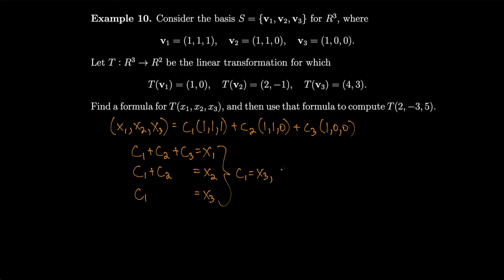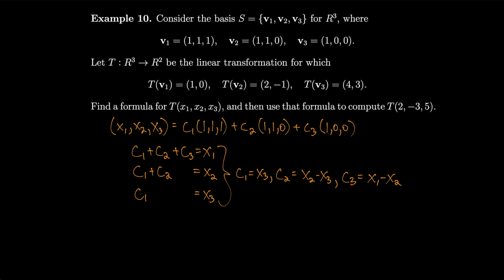That's easy. I have C2 equal to, well, I'll take x2 and subtract C1. So C2 is x2 minus C1, but C1 is x3, so C2 is x2 minus x3. And as for C3, well, that is x1 minus C1 plus C2, but that's x2, so that's just x1 minus x2.